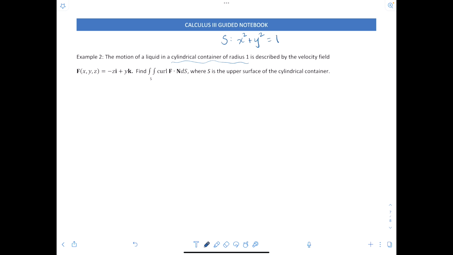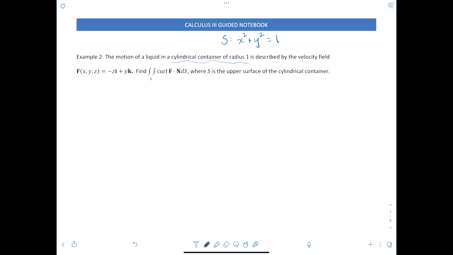The motion of this liquid is described by the velocity field f at xyz is negative z i plus y k. We want to find the surface integral of that oriented surface of curl f dot n ds, where S is the upper surface of the cylindrical container.